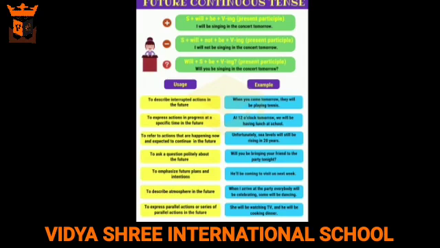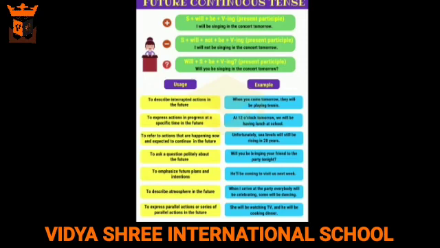It is used to describe interrupted actions in the future. For example, when you come tomorrow, they will be playing tennis. It is used to express actions in progress at a specific time in the future.